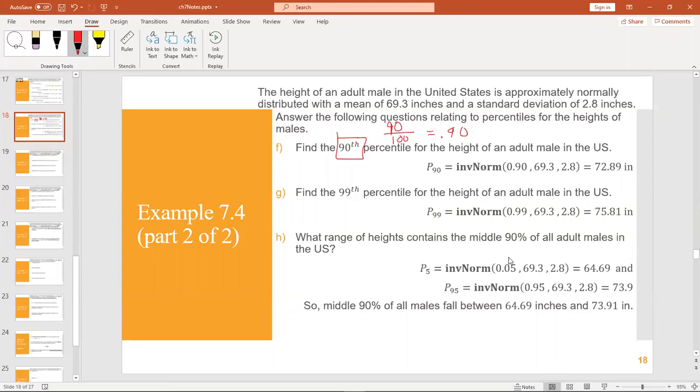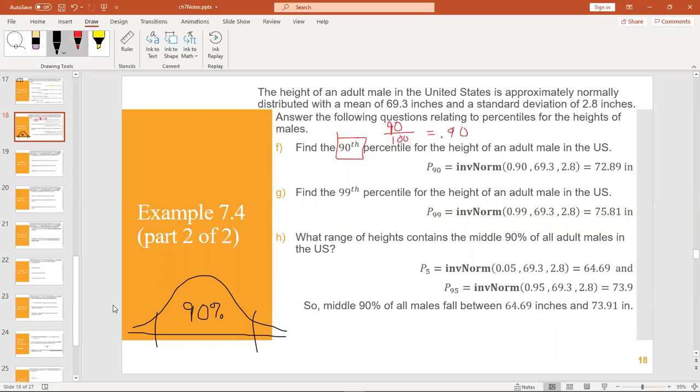Here they say, what range contains the middle 90% of all adults in the US? So for the middle 90%, let's draw a very crude sketch of what that will look like. We want the middle 90%.